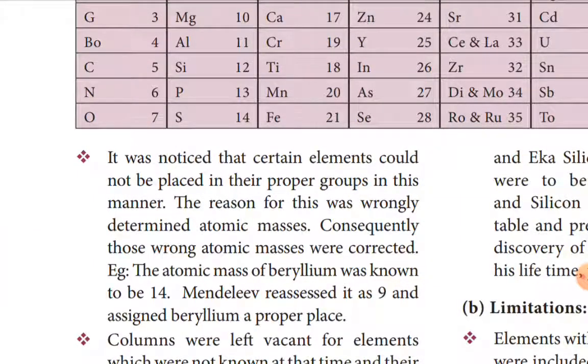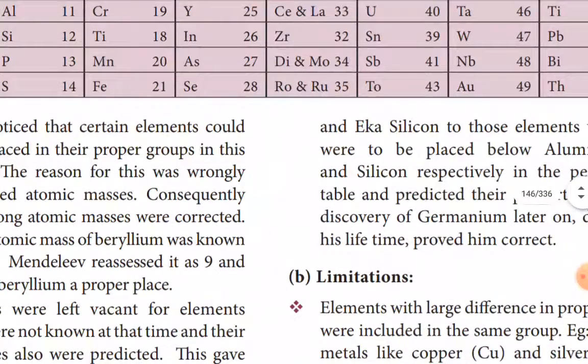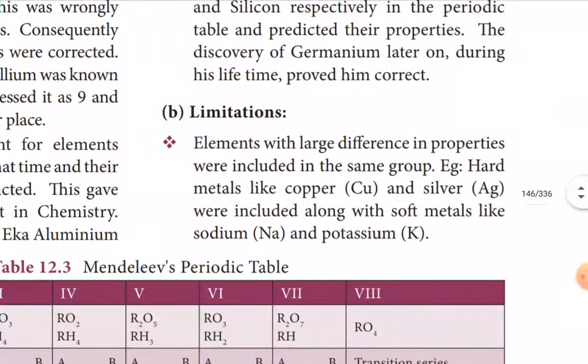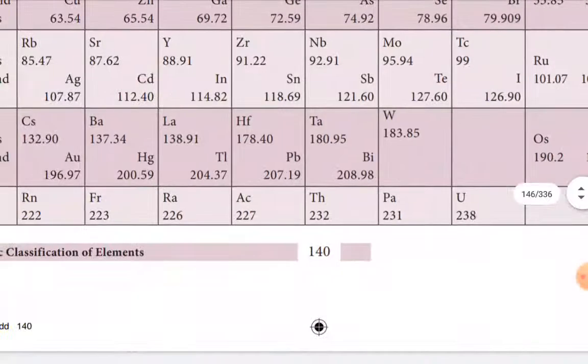Then also the demerits, the limitations of the Mendeleev periodic table. There are three to four limitations given. One example is also given, that is germanium: how Mendeleev predicted germanium before its discovery itself.